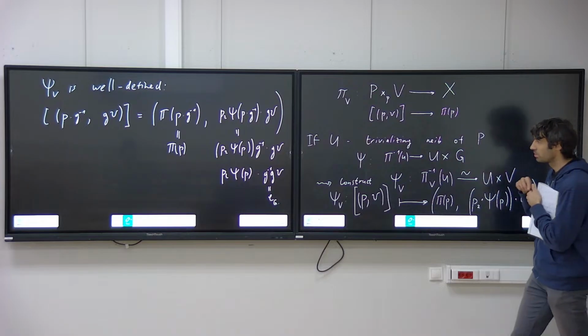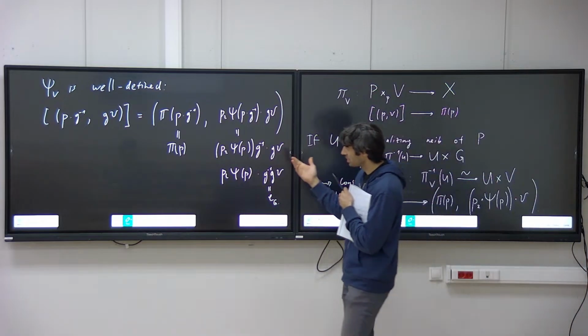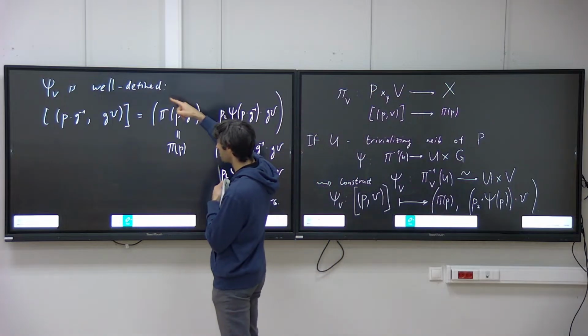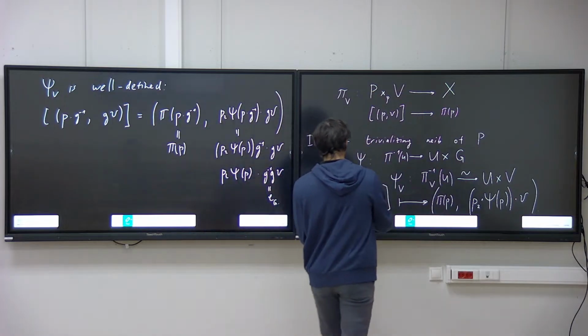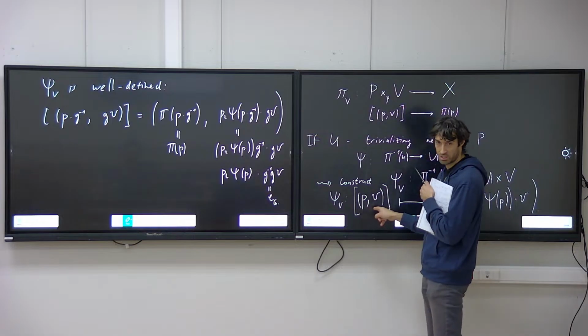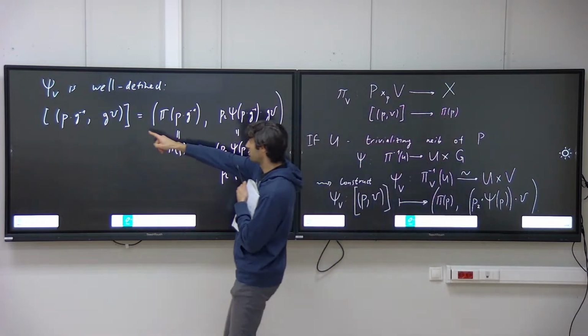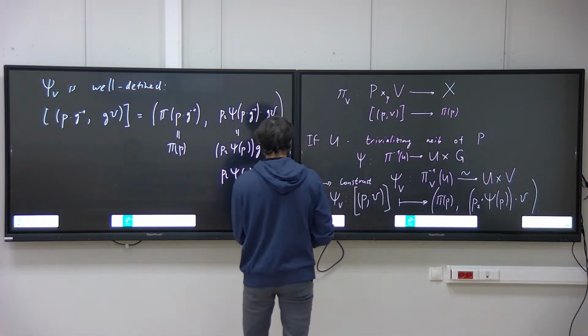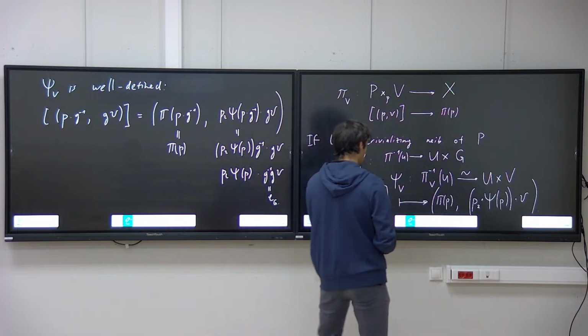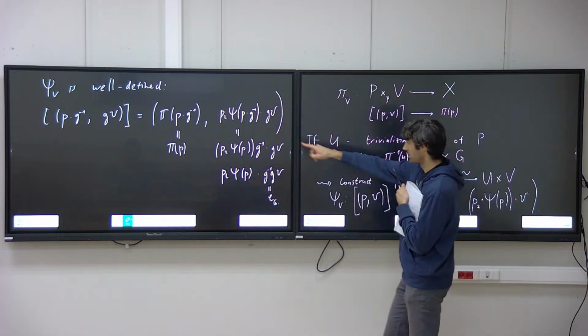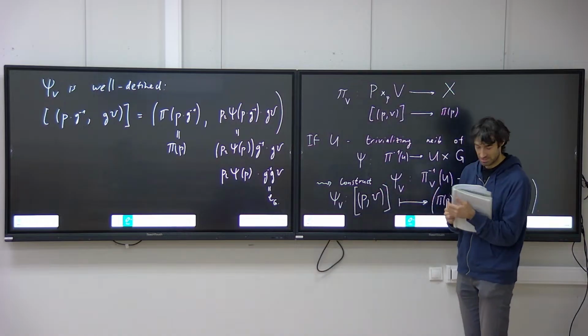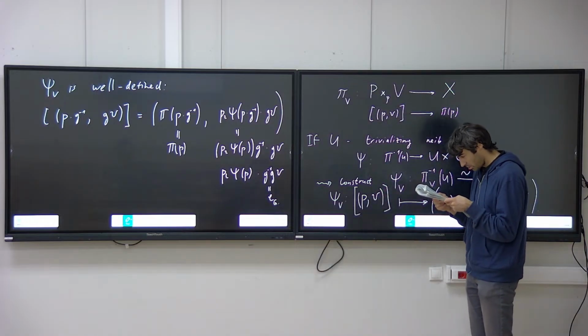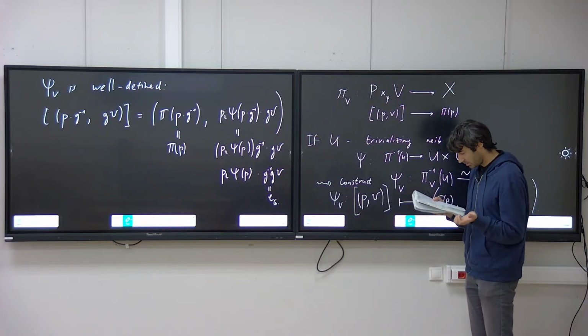Okay, so what I'm checking is that psi V is well defined. I have one formula for this representative, another formula for this representative. I need to check that they give the same result. And indeed, the result is just the same. All right, so this is well defined.